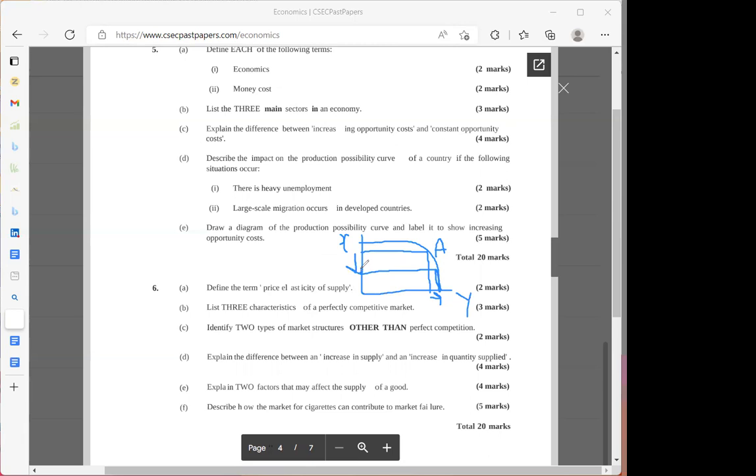To get more of another good, in this case good Y, we have to give up more of the other good, which is good X.